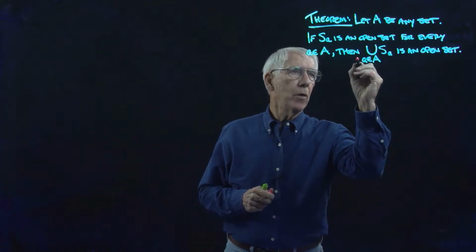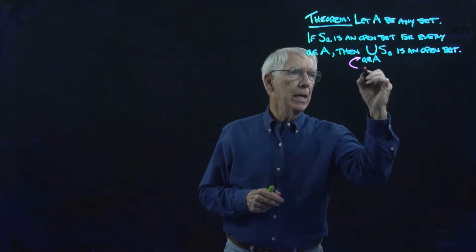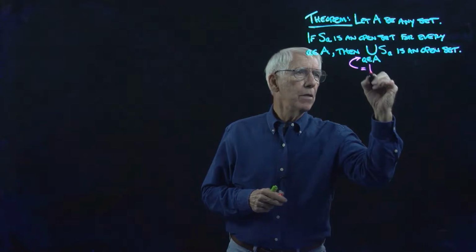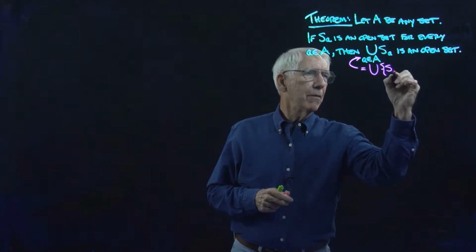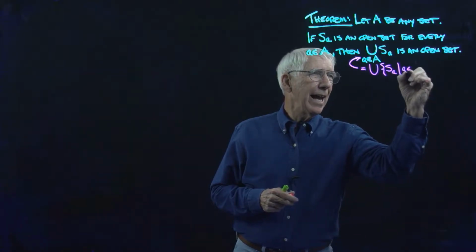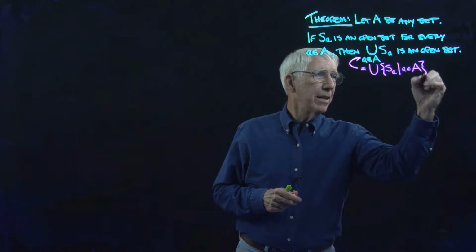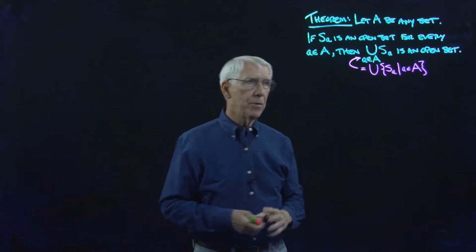So this is equal to the union of the set of sets S_a such that a is in A. So these are just two different ways of writing the same thing.